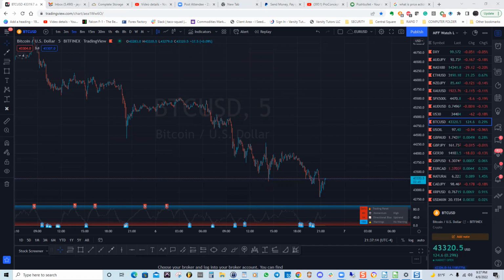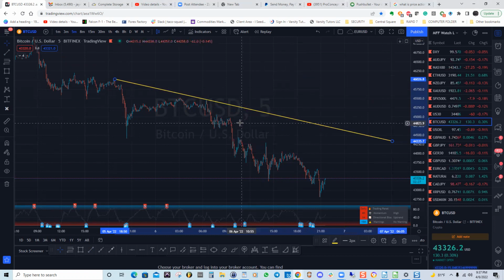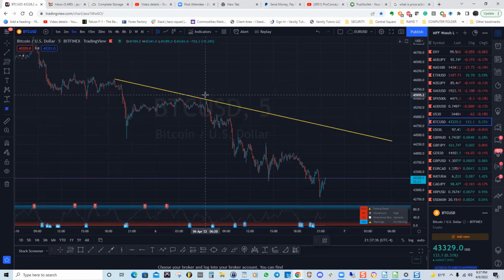So the first thing I want to show is that this is a downtrend. We can typically take a trend line and draw a downtrend from here down. We like to have the trend line make two touches, a touch here and a touch there. So I'm going to put an X here of where the price is touching the trend line.